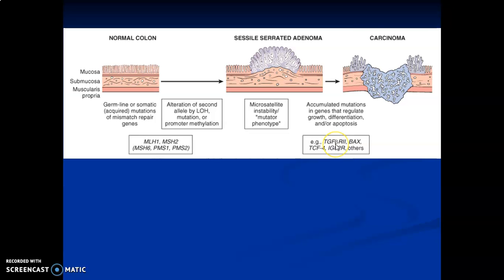TGF beta is normally an inhibitor of cell proliferation. So mutation in this gene will lead to uncontrolled cell proliferation, and mutation in BAX will lead to inhibition of apoptosis, further leading to dysregulated growth.